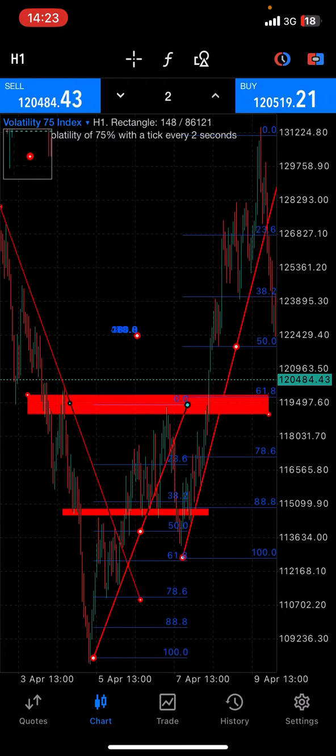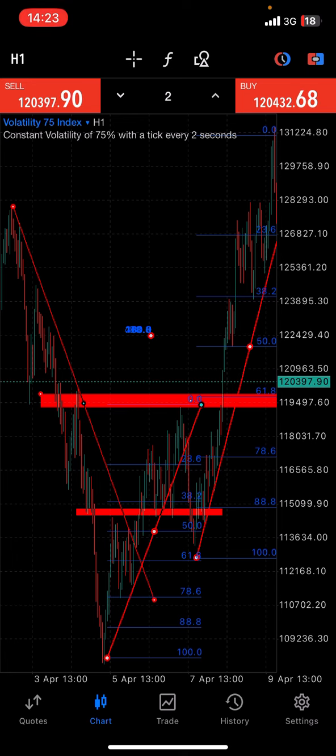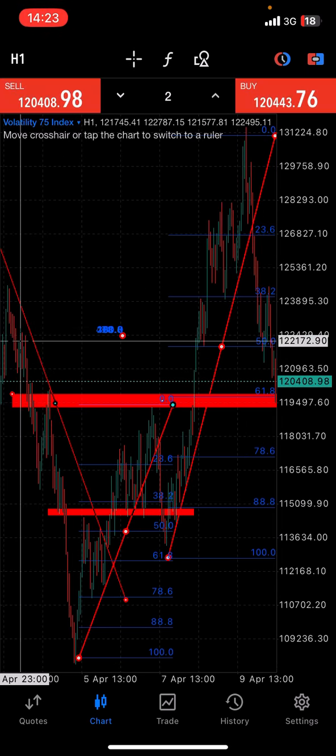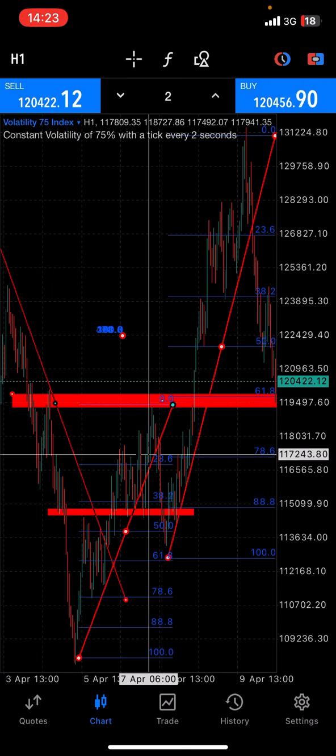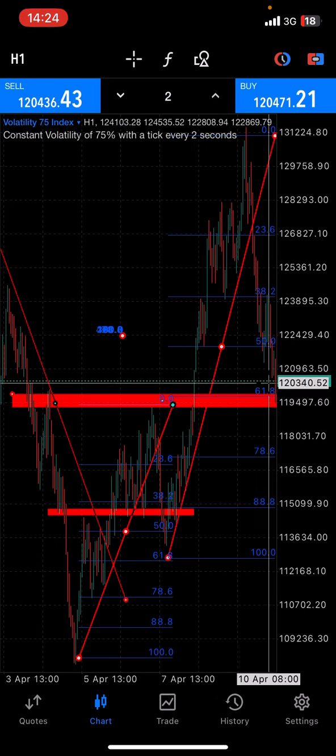So we're supposed to come to this particular point. You can see how this particular point in the market has been of good importance. The market came up, hit this point, came down, went up, hit this point, came down. So this particular zone area has been a very, very good support.